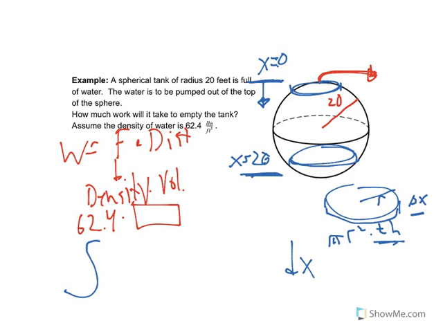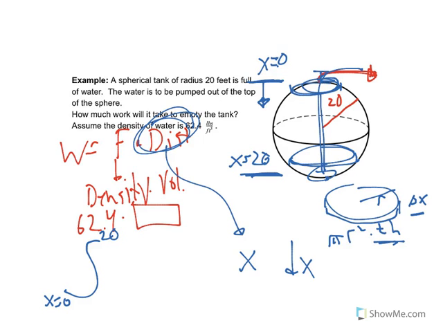And if I do that, then the distance is just the variable x. At the top, how far does this piece of water have to move? Well, 0. And once I get to the bottom, it has to move 20. So I'm going to have x go from 0 to 20, and then my distance is just x.